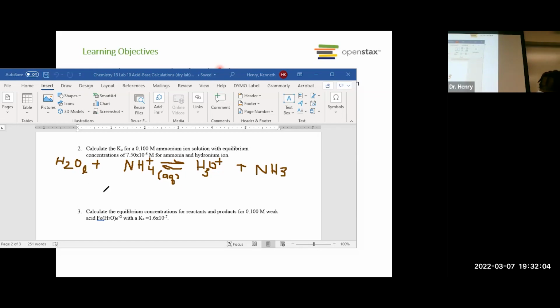Okay, so then we get Ka. So Ka is typically defined as just the equilibrium constant for the acid. So generic form is HA at the bottom.